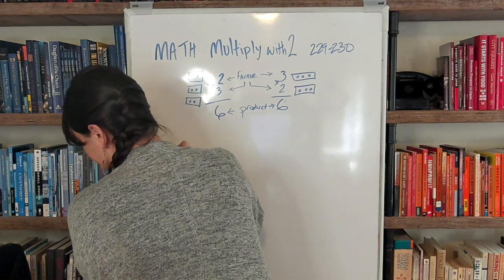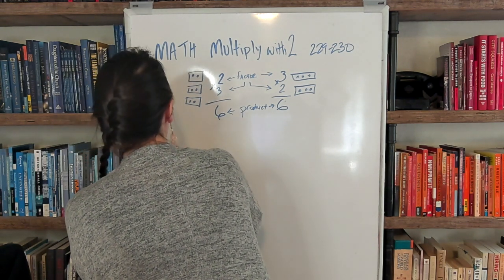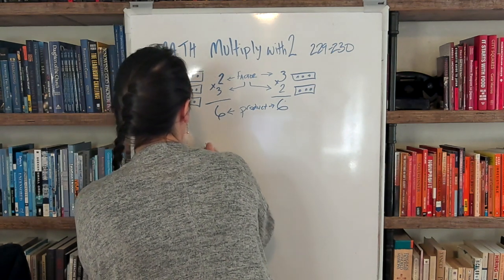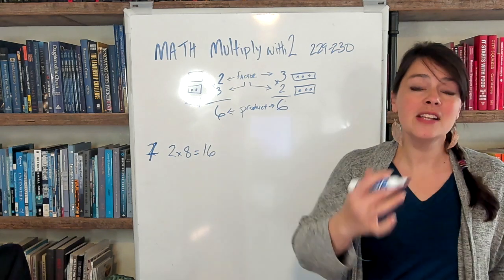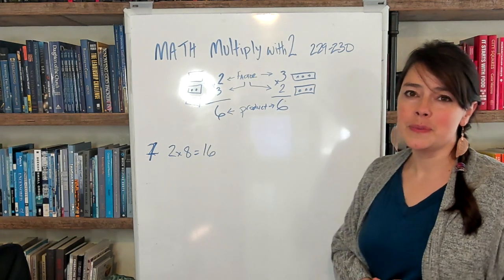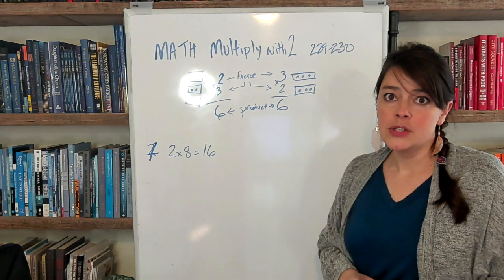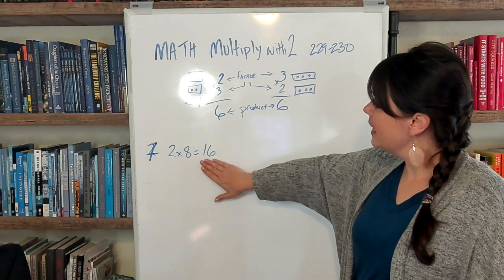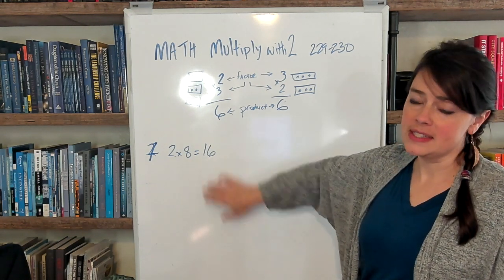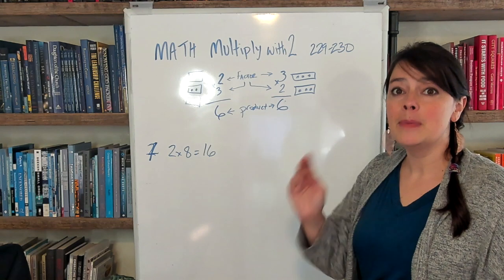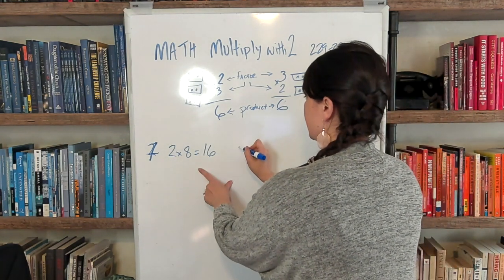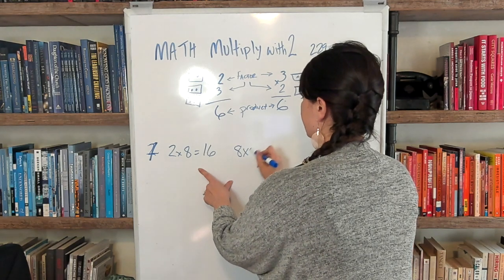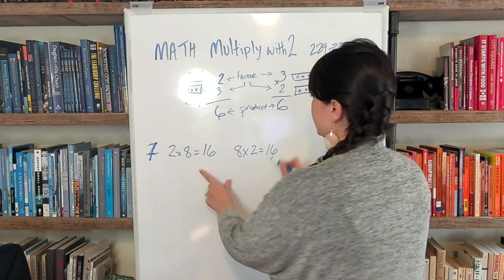On the back, it says that 2 times 8 equals 16. And then they ask you, write the related multiplication fact. So they're not just asking for any multiplication fact that equals 16. They're asking for the related multiplication fact, which is using these same factors but in a different order. 8 times 2 equals 16.